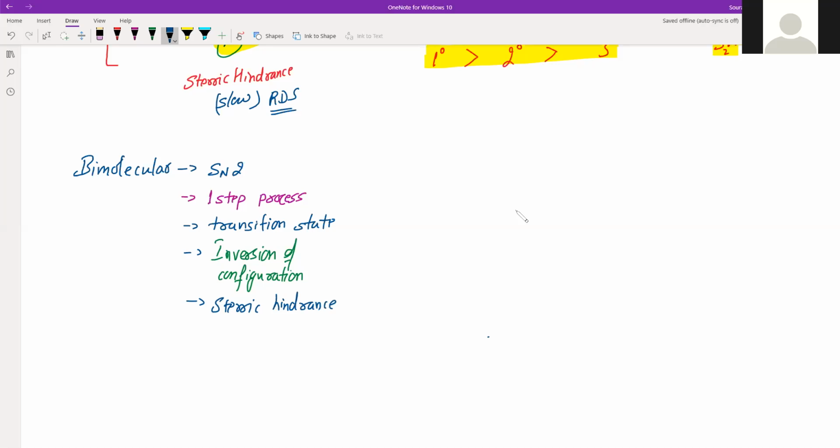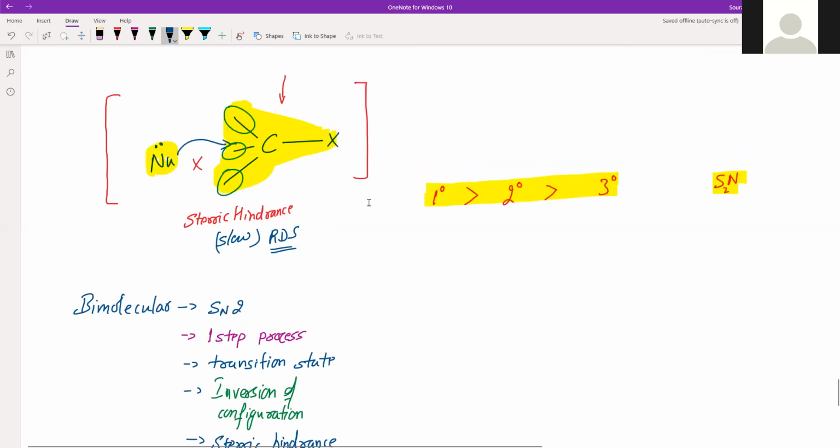And what is that? As you can see here, the nucleophile is attacking from the opposite direction of what? Of the halogen. So this is our halogen and this is our nucleophile. So the nucleophile is attacking from the opposite direction.